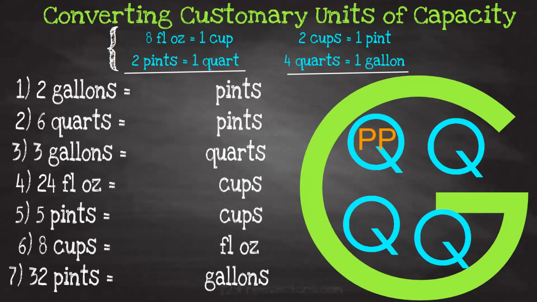So 2 P's there, 2 pints in that quart, 2 pints in that quart, and 2 pints in that quart. So there are 2 pints in 1 quart and 8 pints in 1 gallon.